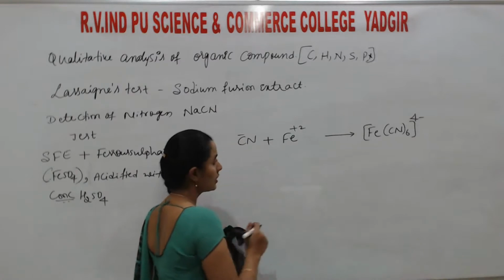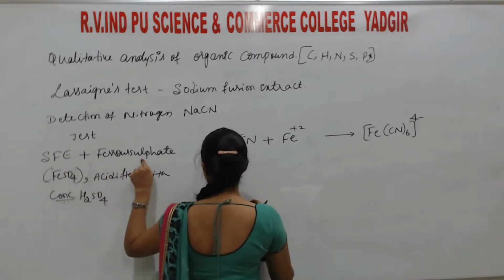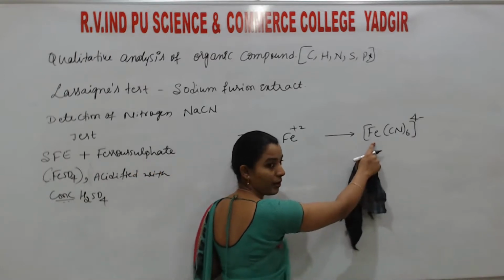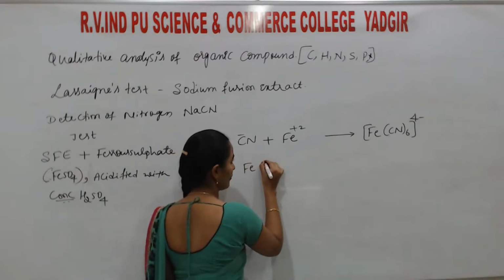Next, what happens? Initially, when SFE reacts with ferrous sulfate, this complex Fe(CN)6 4 minus will form.